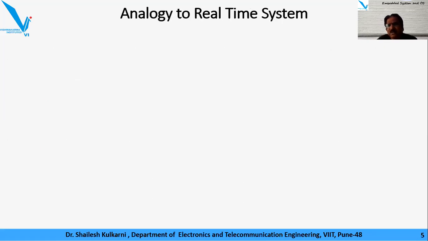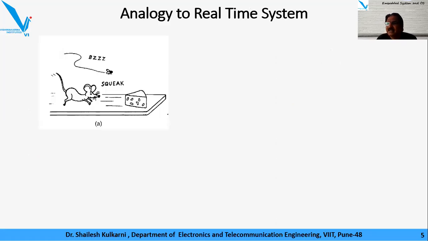Okay, fine. Now let us discuss some common analogies for the real-time system, which are very interesting examples we can find in our day-to-day life. Example number one is this diagram.